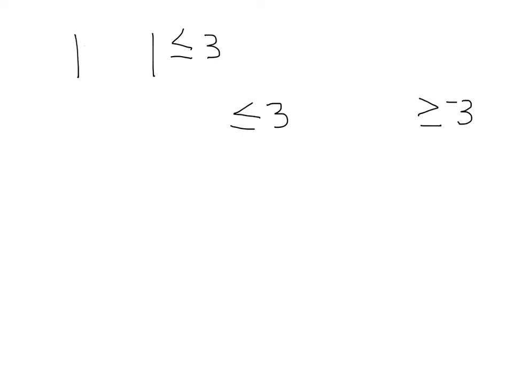Think of those slides before. But instead of just one number now, this is an x plus 1. So if the absolute value of x plus 1 is less than or equal to 3, then x plus 1, that number, has to either be less than or equal to 3, or it has to be greater than or equal to negative 3.